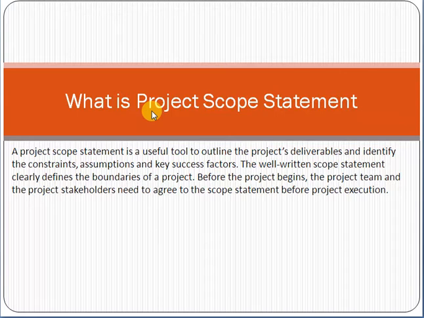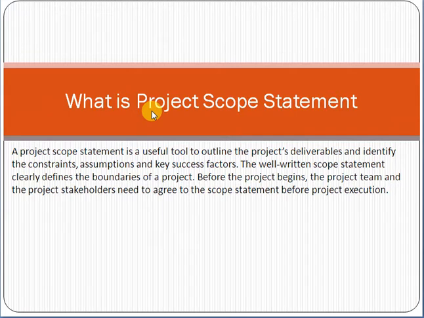It is not an ongoing task. It is temporary. Temporary means it has a starting point and an ending point. After some time it will be finished, and it will always give you a unique output, unique product, unique result.